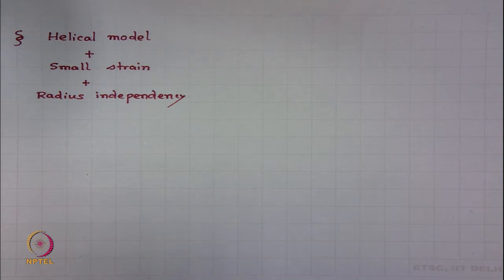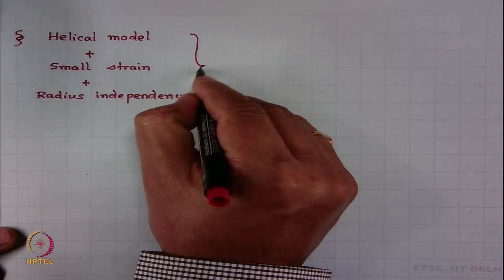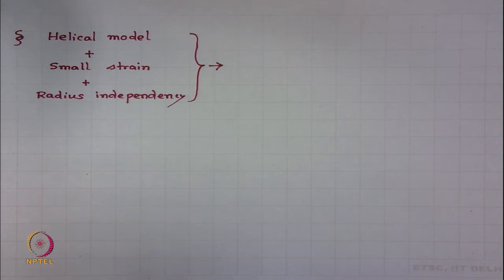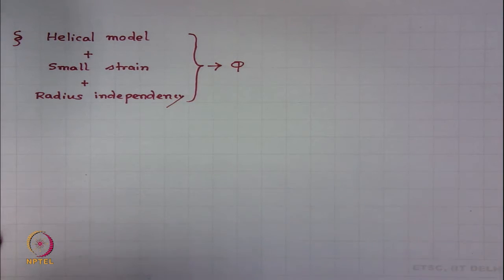Based on these three concepts: first is the helical model, then the strain levels are small, and then the packing density is constant and also the contraction ratio is constant. Based on these three, we derived the most general expression for fiber stress utilization in yarn.